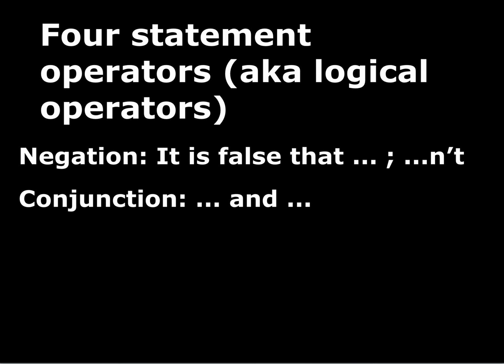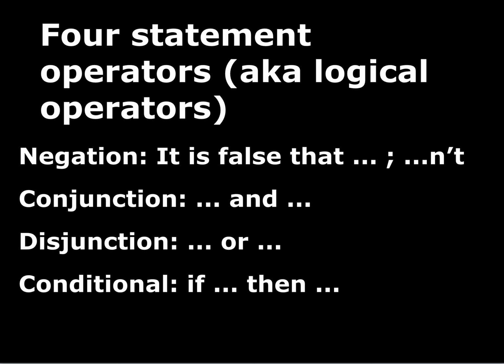Conjunction, which is usually expressed with an "and," but sometimes you can say "both something and something." Disjunction, which can be "or," "either or," and there are other ways to express it as well. And conditional, "if something, then something." And these are the 4 operators that we'll be looking at in the core material.